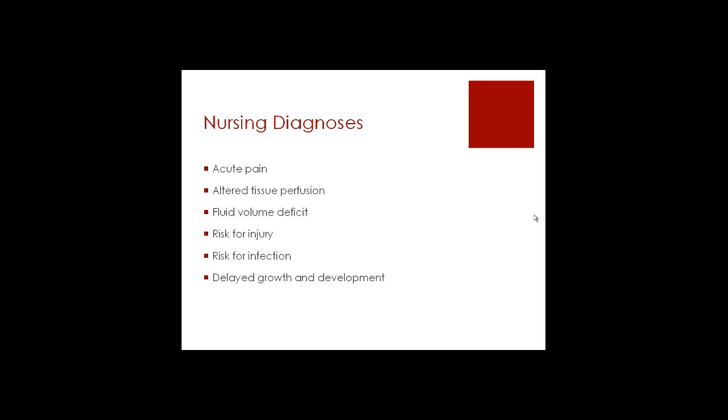I think it's a good idea to understand what some nursing interventions would be related to these diagnoses and priorities. So go ahead and brainstorm what you think you would do in terms of nursing interventions for these problems. I'll give you a minute.